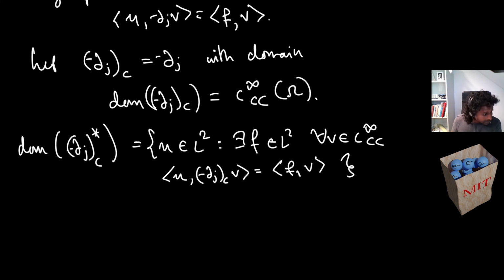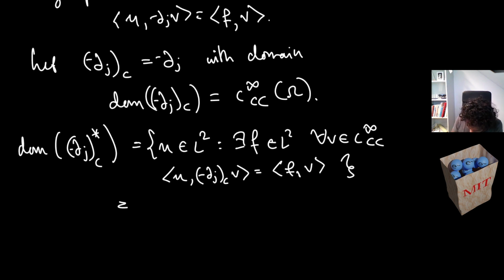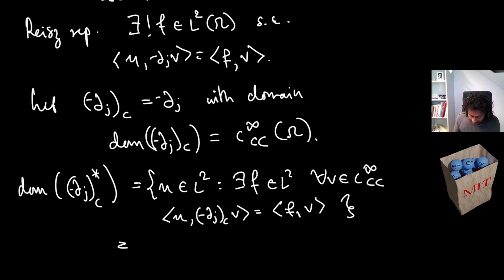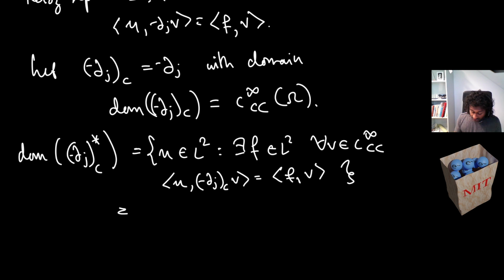So this is exactly the set that we characterized, right? So we can also write this, so this is exactly this set that we wrote up before. So the weak derivative is actually the adjoint of the operator negative partial J C with this domain. Okay, that's precisely the weak derivative.